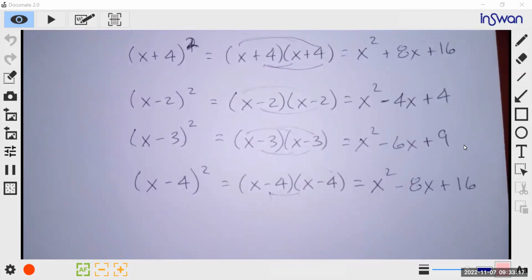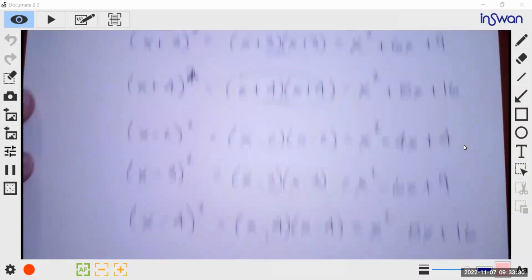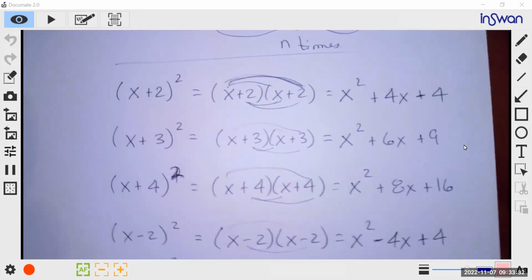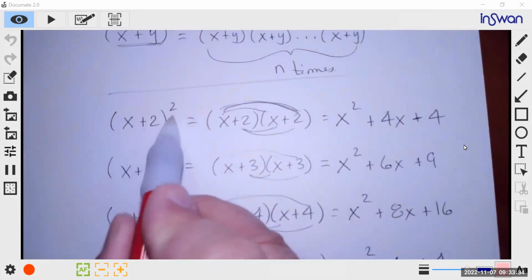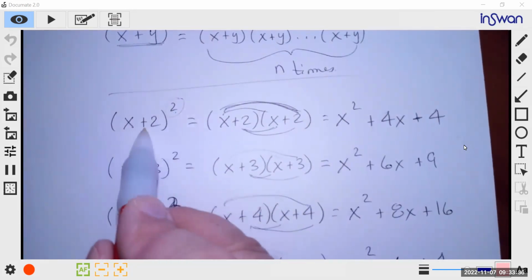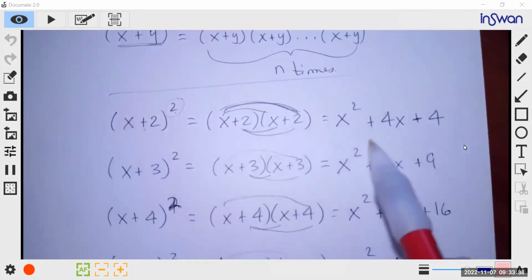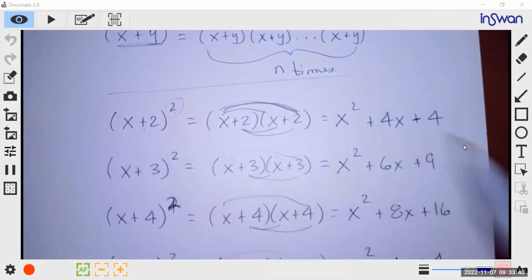Is everybody okay with where I'm getting these numbers from? Anybody lost? Now you notice a pattern here. First pattern, always look at the signs. If you have a squared term and you have a plus inside there, both signs of your answer are always going to be plus.